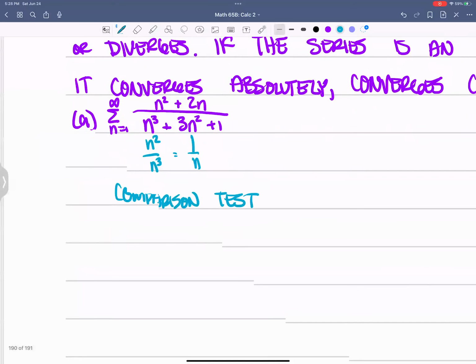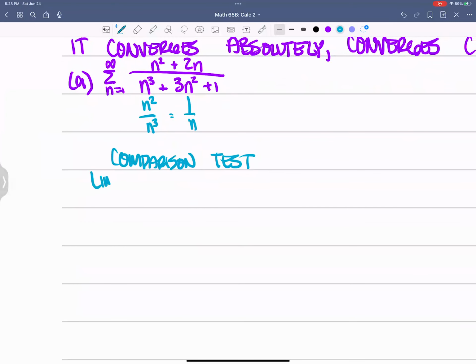So comparison test. We're going to take the limit as n approaches infinity of a sub n divided by b sub n. So we're looking at n squared plus 2n over n cubed plus 3n squared plus 1, and we're dividing all of that by 1 over n.